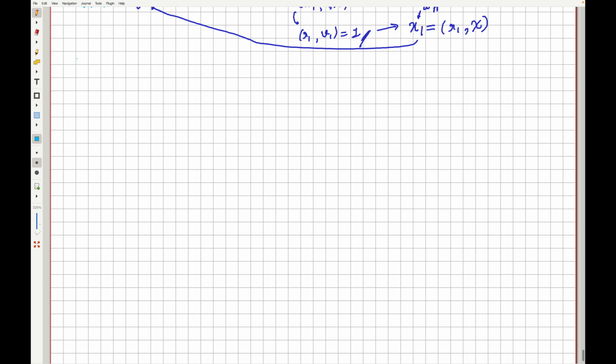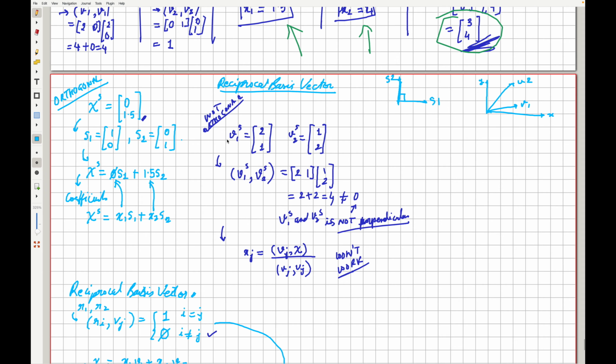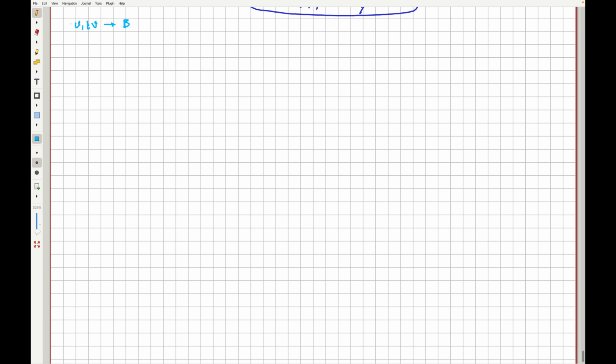We take the values for v1 and v2 and put them in a matrix B. The values of v1 and v2 are 2 1 and 1 2, so we put them in matrix B, with 2 1 as v1 and 1 2 as v2.